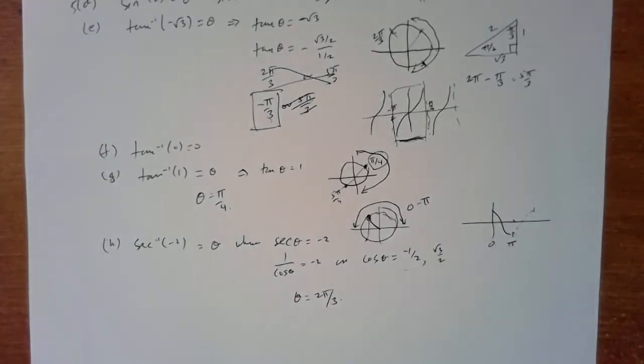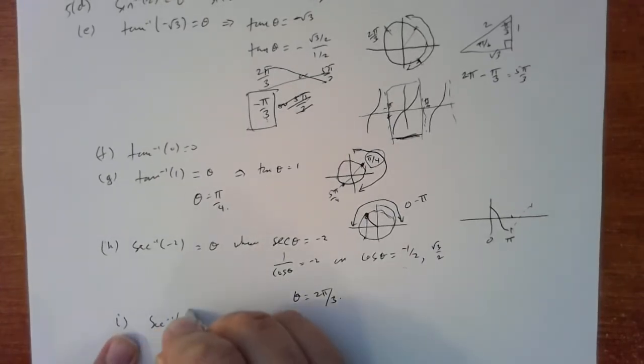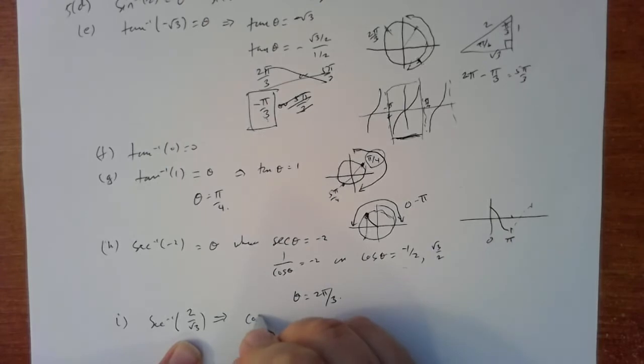Good. All right, how are we doing with these? Are we just about done? I is the inverse secant of 2 over the square root of 3. We probably see where this is going. This is where the cosine of theta is square root of 3 over 2.